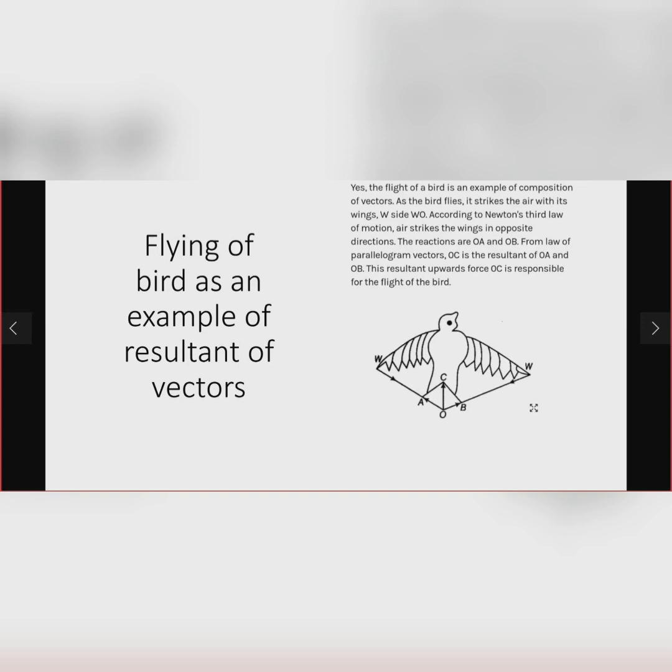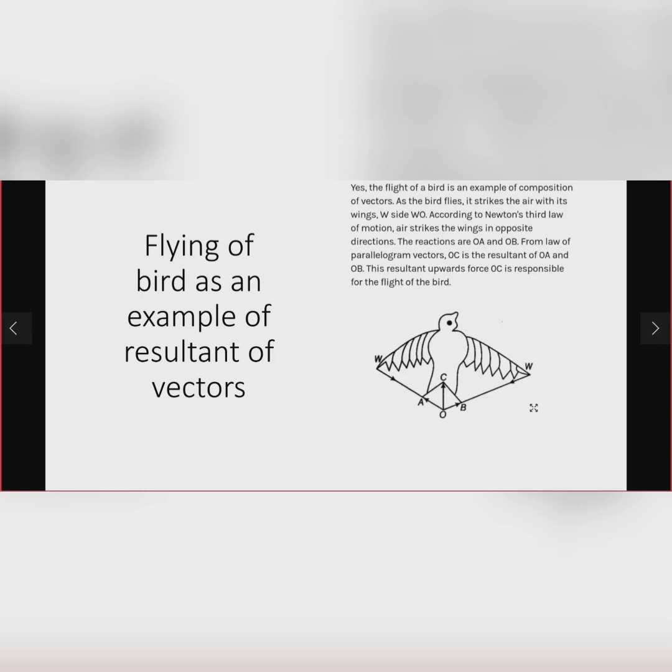So if you look at a bird in flight, when it flaps its wings, they provide the bird with the necessary lift which acts on the body of the bird. So here the OC vector is representing the resultant of two vectors, OA and OB.